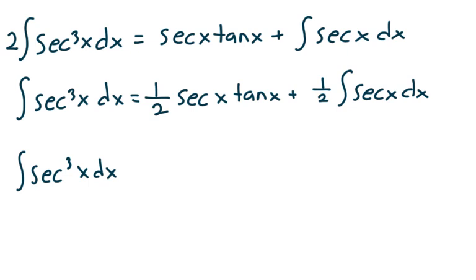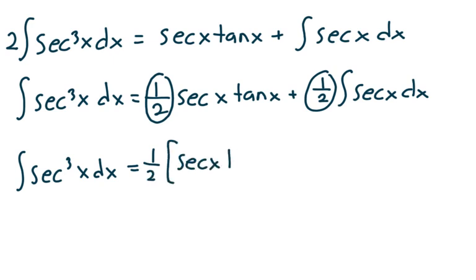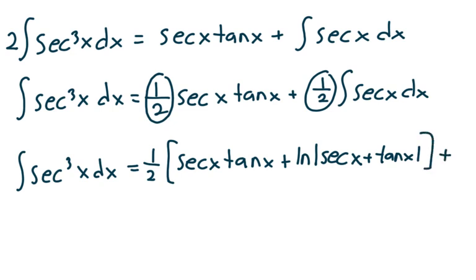If you guys don't mind, can I pull that 1/2 out in front? And if I do, I get 1/2 the quantity secant x tangent x plus, and we just went through that trouble of integrating secant x dx, so we don't have to reinvent the wheel, we write natural log of the absolute value of secant x plus tangent x, plus c.